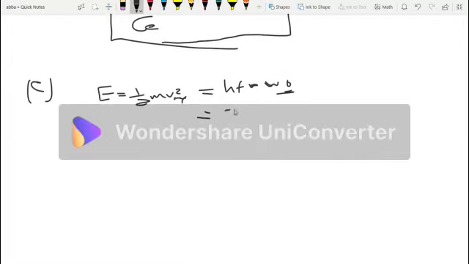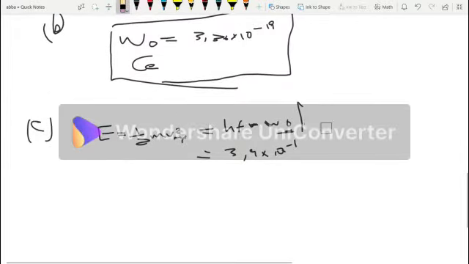So we have 3.9 times 10 to the negative 19, subtracted by 3.36 times 10 to the negative 19.